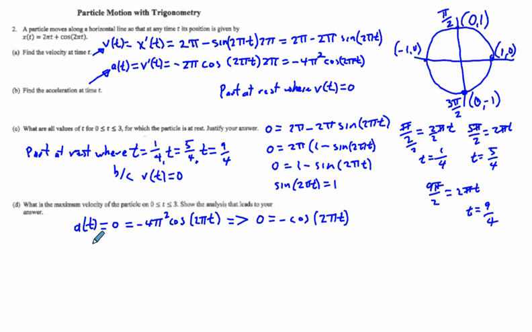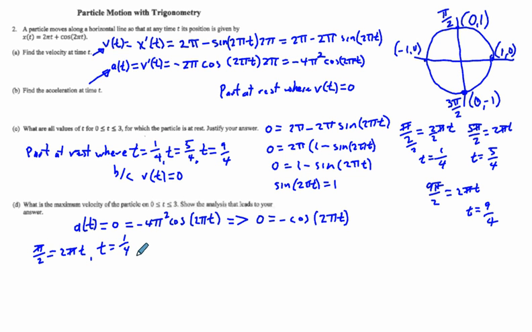We can say pi over 2 equals 2 pi t, and if we divide by pi, we have t equals 1/4.